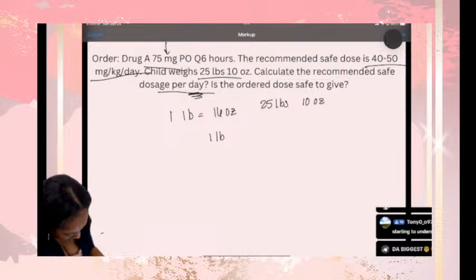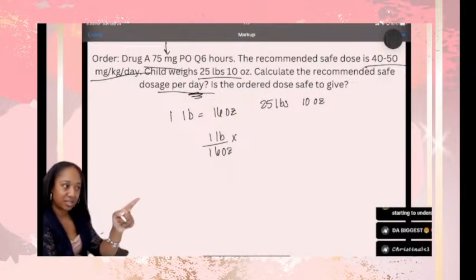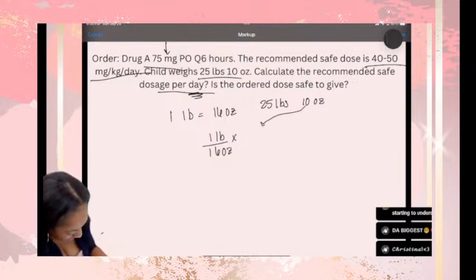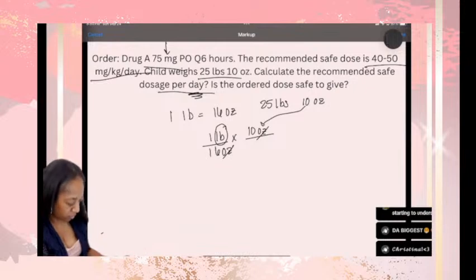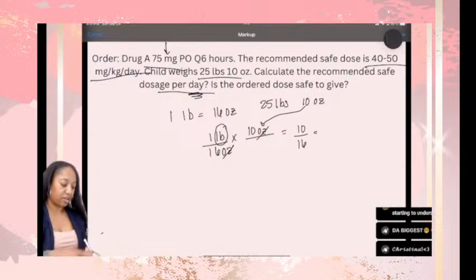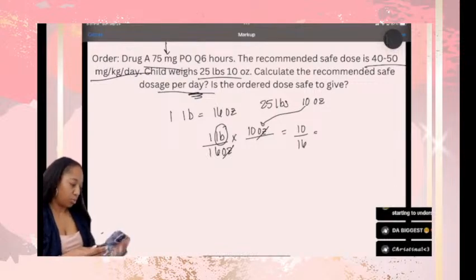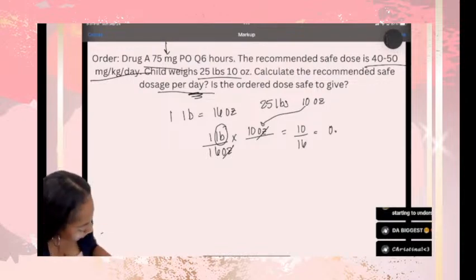So 1 pound is 16 ounces. You got ounces at the bottom, you put ounces at the top. So you take this and put it right here. That's the ounces that you've been given. So now you can cross out, and then you're left with pounds. So that's going to be 10 over 16. Let's see, 10 divided by 16 is 0.625 pounds.